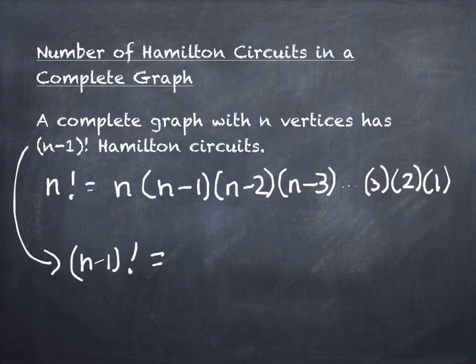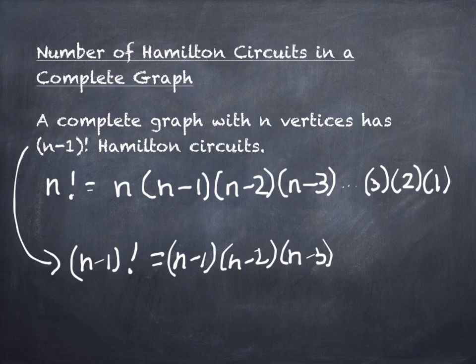So we have n minus 1 times n minus 2 times n minus 3, all the way down to 3, 2, 1. So we always end at 1 no matter where we start.